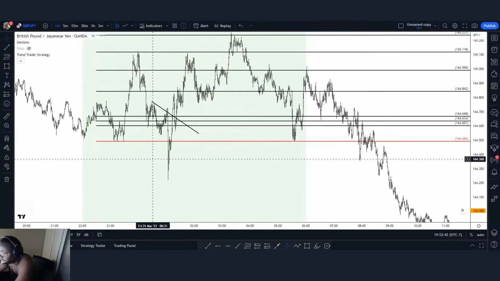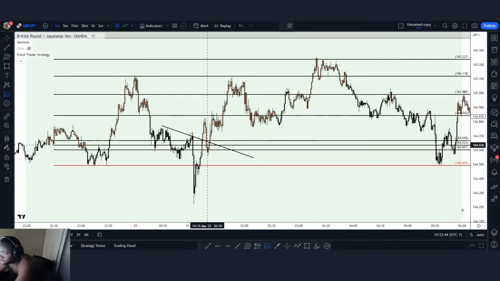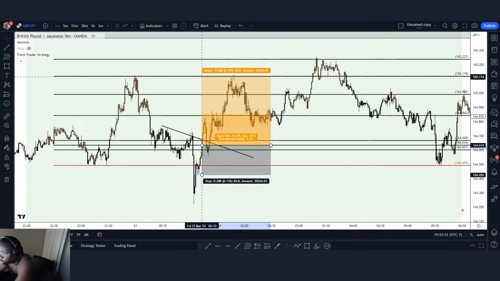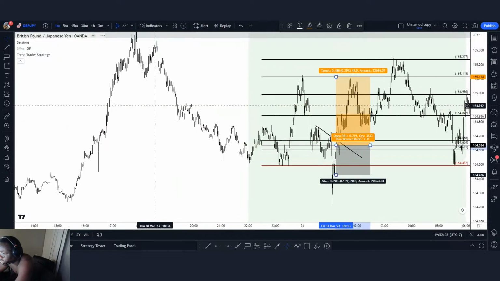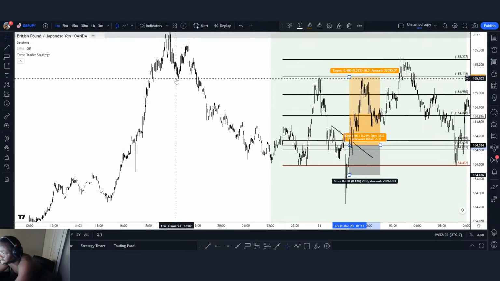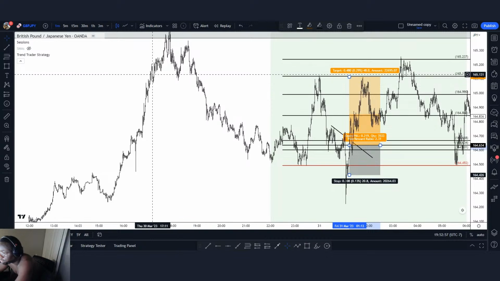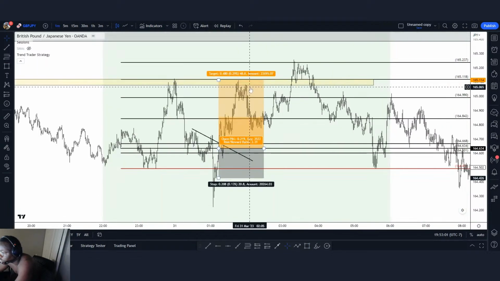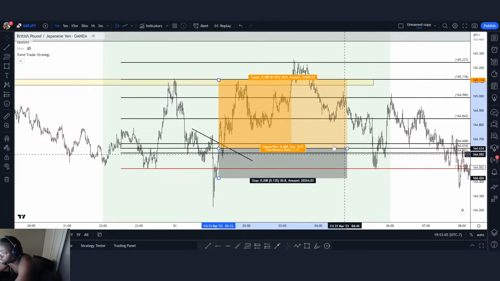So you could have entered right here, stop loss, you can just have like 20 pips and just overall target whatever you can get. So you see this resistance, you see the support that's now turned resistance. That can be your form of target, like a 1 to 2.